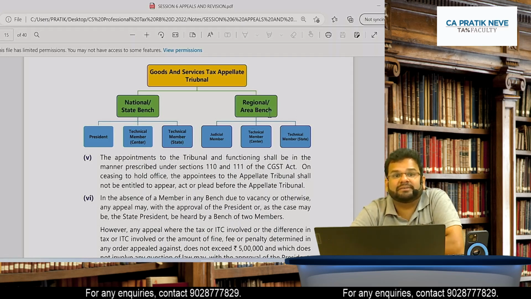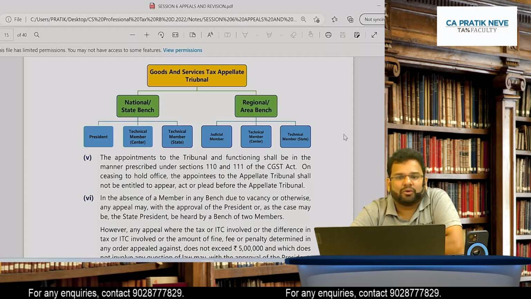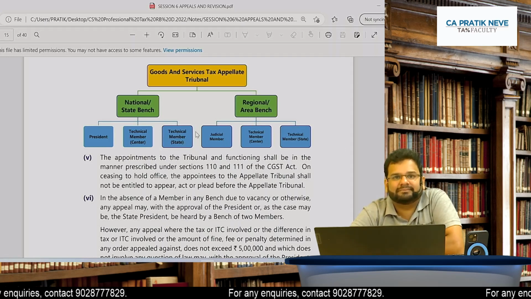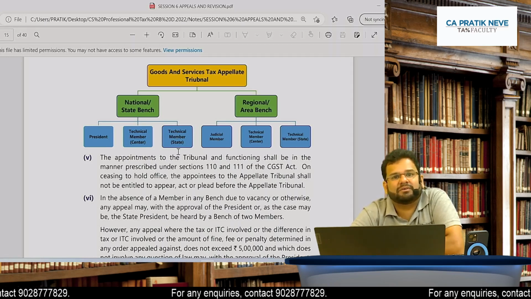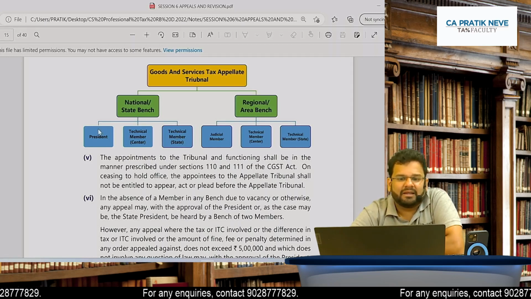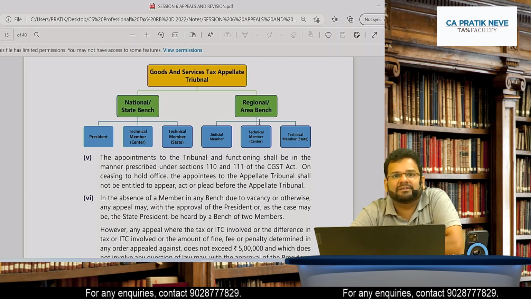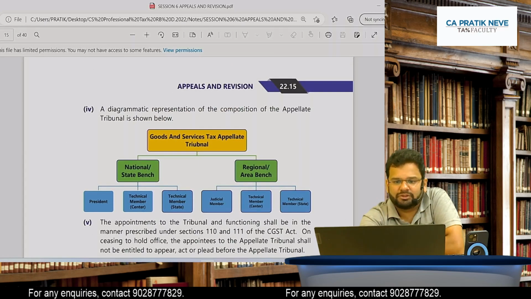The regional bench, area bench, will also have 3 members. Now 2 members are common to both benches, that is the technical members, one from CGST, one from SGST. In the national or state bench, the head is the president, and here it is the judicial member. Remember this composition.